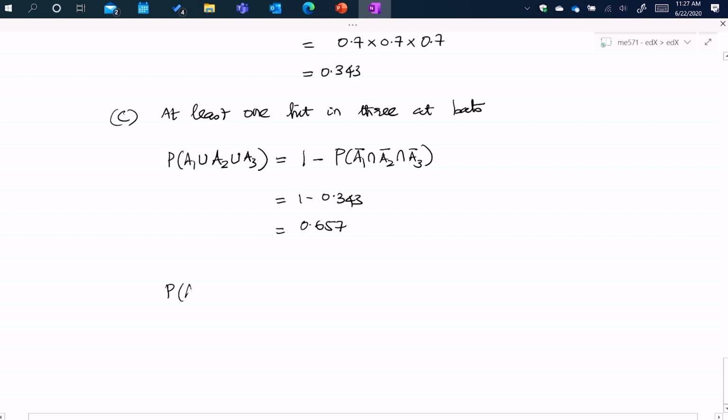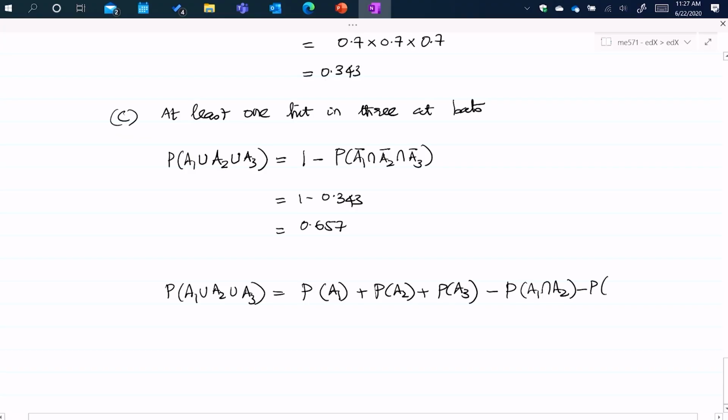Now, if you want to check using the more elaborate addition formula, we can do that as well. The probability of A1 union A2 union A3 is probability of A1 plus probability of A2 plus probability of A3, minus probability of A1 intersection A2, minus probability of A2 intersection A3, minus probability of A3 intersection A1, plus probability of A1 intersection A2 intersection A3.